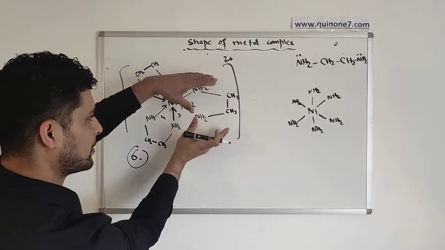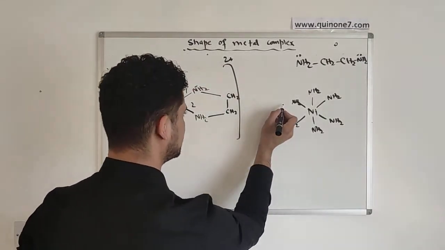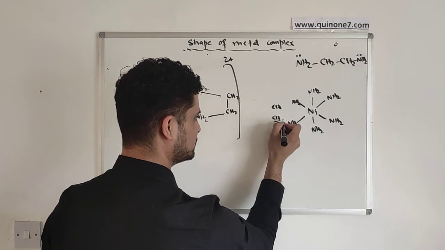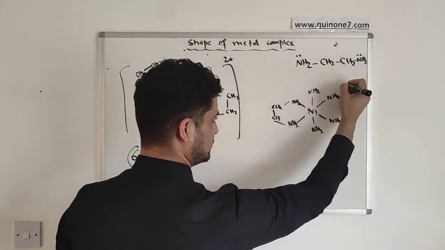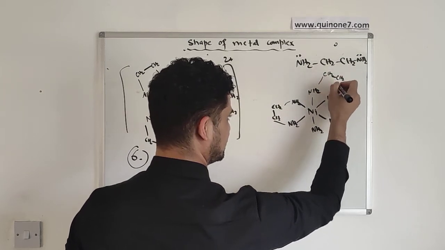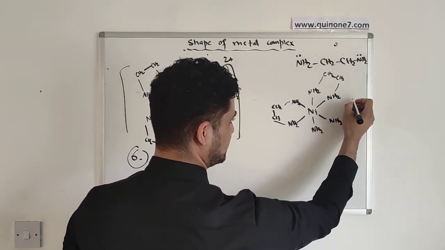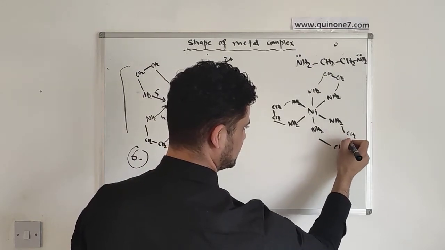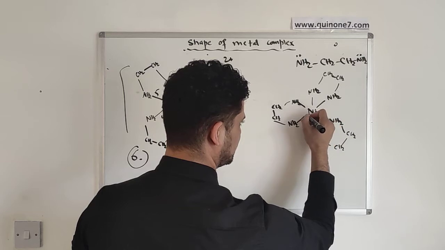This time, this part is going to be written on this side. So if you do that, you put CH2 and then you have CH2 there, and CH2, CH2 there, and coordinate covalent bonds.